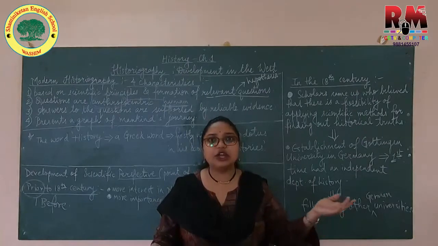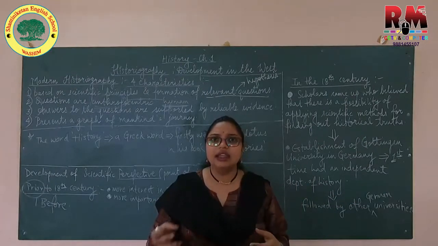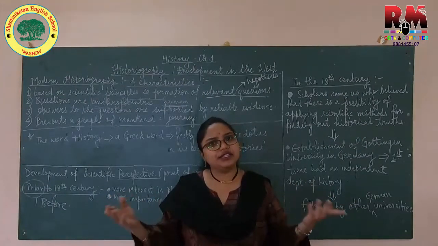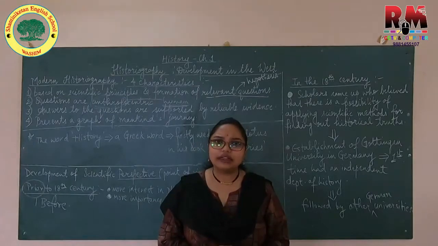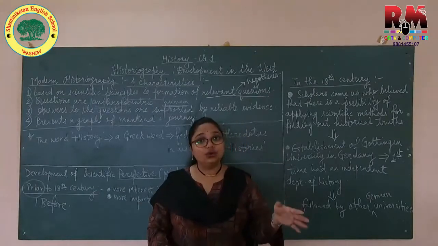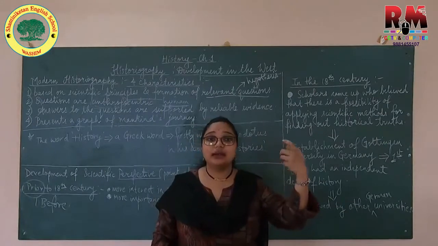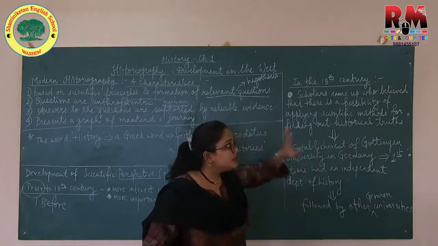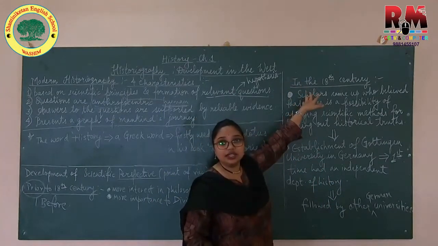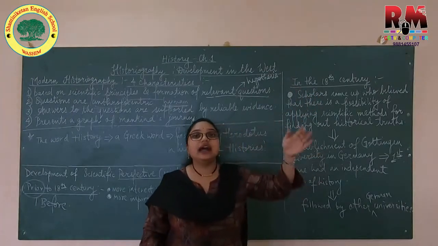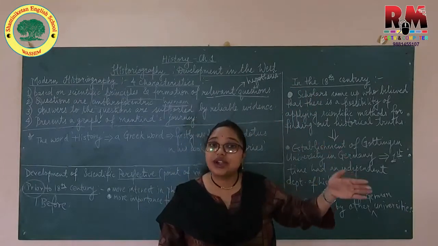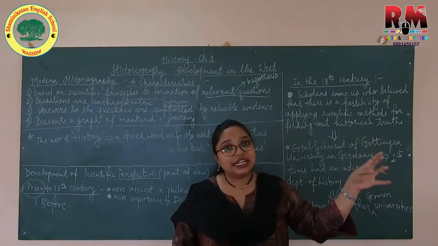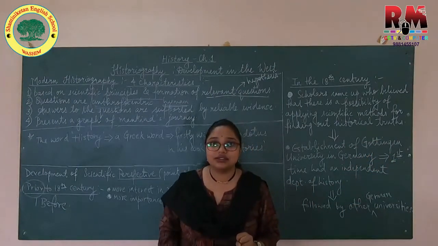There is a possibility of applying it, so let us try. If it is done, good. If it is not done, that's also alright. No loss in that. Because such scientific temper was developed in some scholars of the 18th century, they carried on this tradition of including scientific study for historical research.